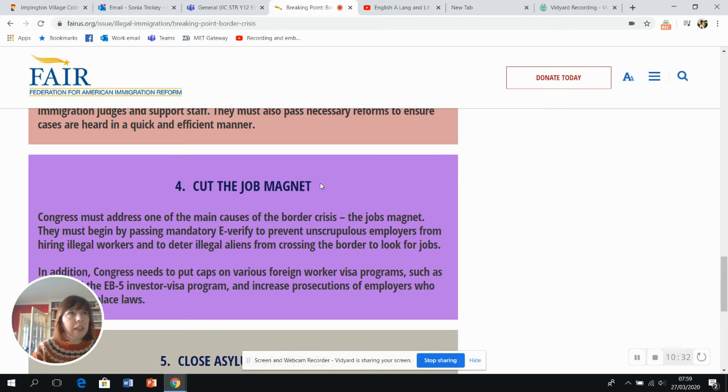So it suggests, I think, that there's this world out there that we don't quite know about, because I'd never heard of the term job magnet and I'd never heard the term chain migration before I'd read this. So it's a way of creating a presumption of knowledge, like there's this body of research and all of these jargony terms that we're not yet familiar with, that people have been discussing.